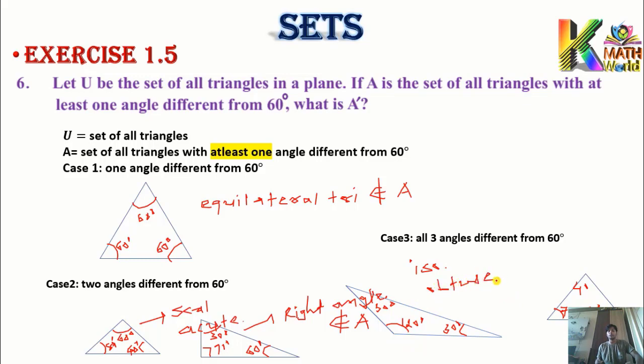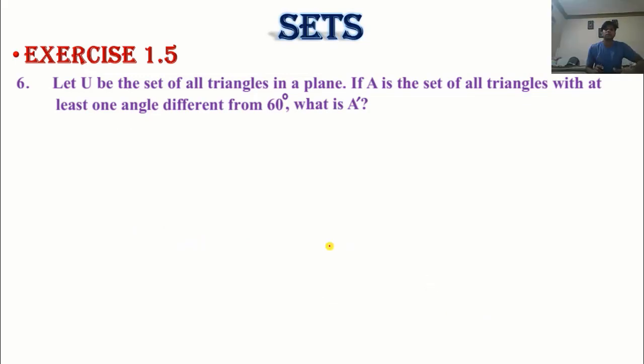So in short, in set A you get acute angle triangles, right angle triangles, isosceles triangles as well as obtuse angle triangles. Only one type of triangle is not possible in set A. Therefore A dash equals the set of all equilateral triangles.